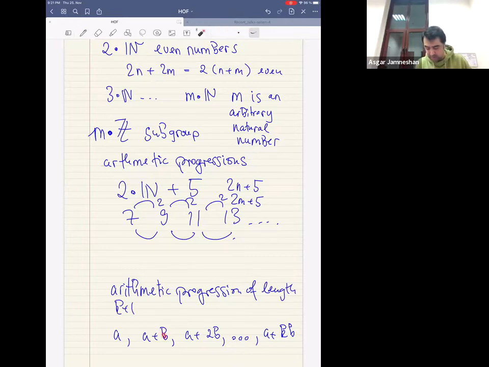So this is 1, 2 until k, and then there is this initial one that makes it k plus 1. And step size b. Step size here means how much we move each time forward.